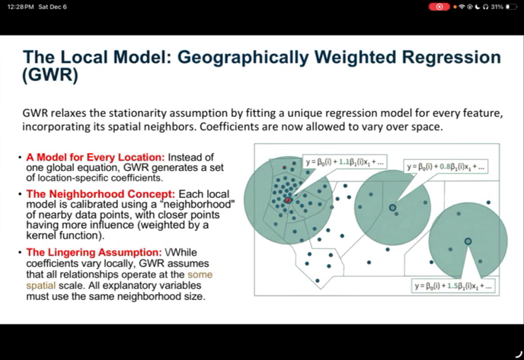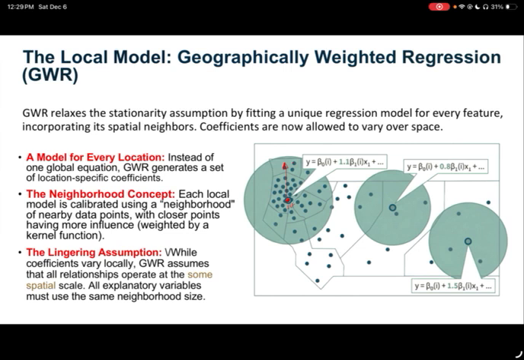For example, this is the first data point, and to calculate the regression for it, we include the neighboring data nearby. We can take the samples either by distance or by the number of points.